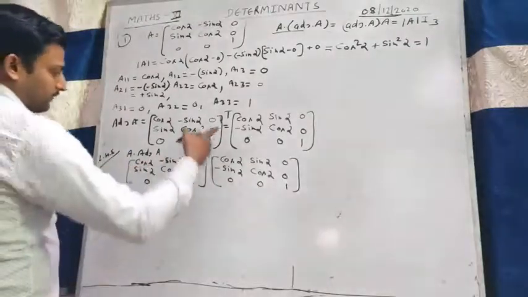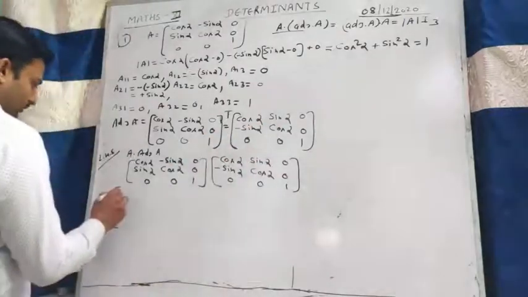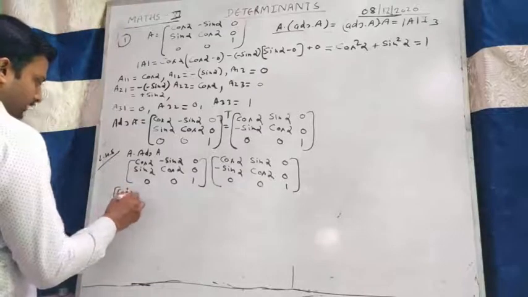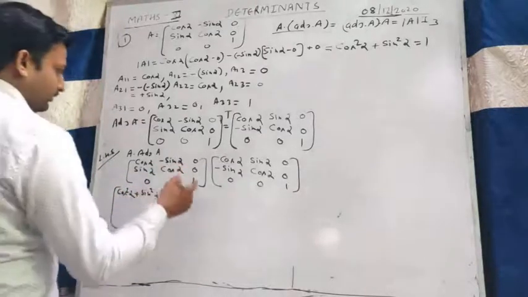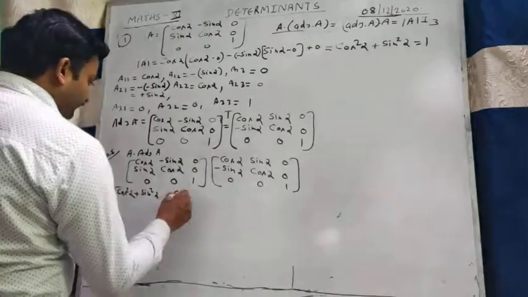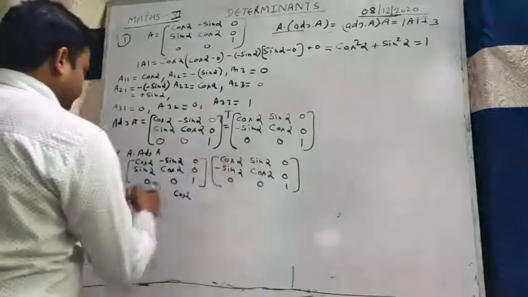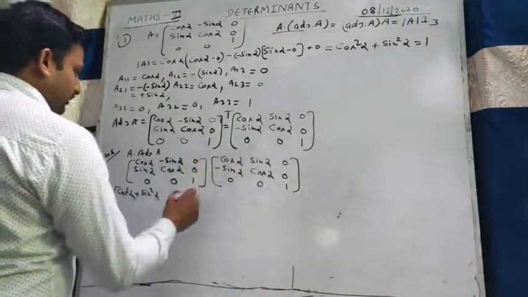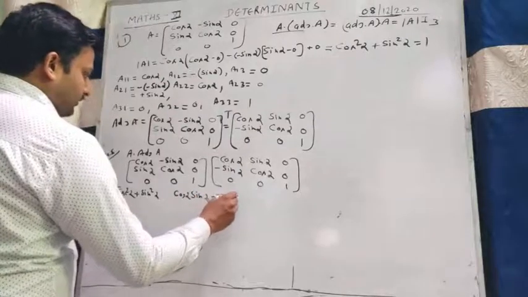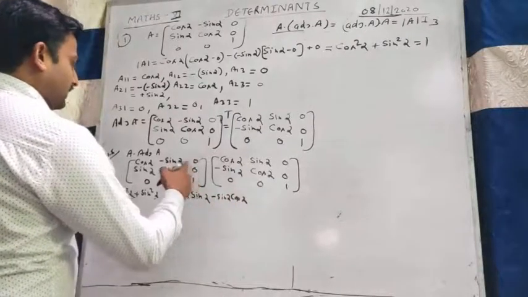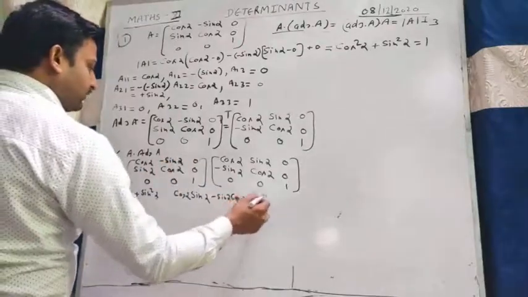So we will multiply first row, first column, first row, second column, first row, third column. Okay, so this is cos square alpha plus sin square alpha, and 0, 0. Next, cos alpha sin alpha minus sin alpha cos alpha, and this is 0, so it will be 0.